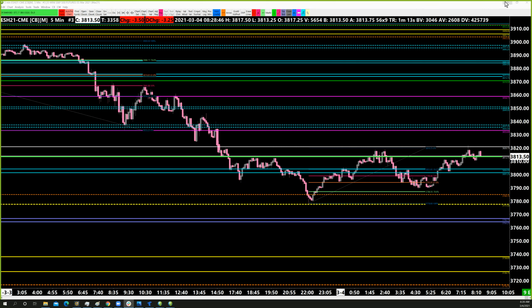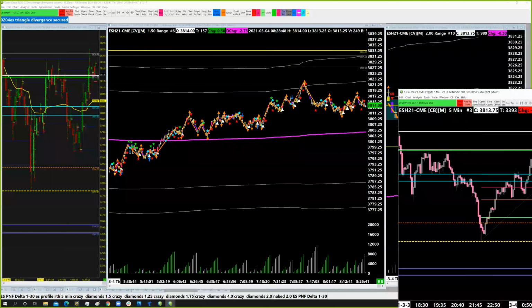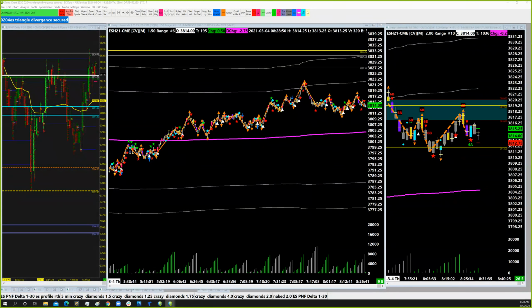And that's it. So let's get this minimized, parked over here where it belongs. And then the last piece that's important to me is where we were in VWAP.